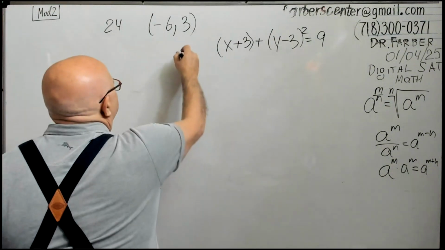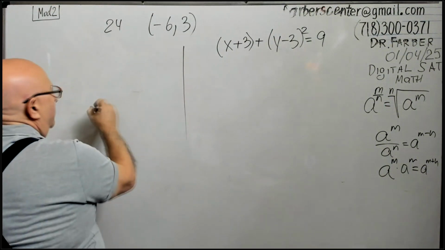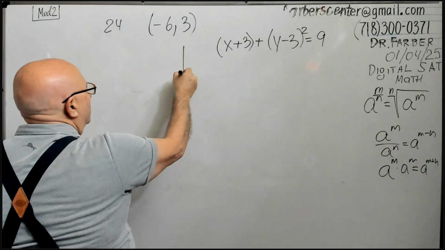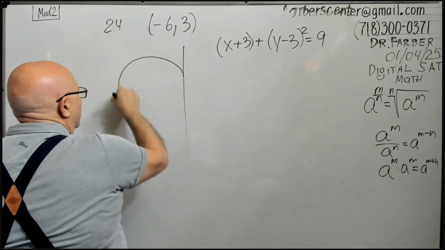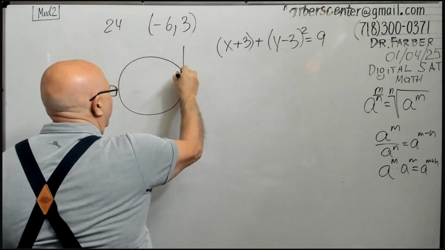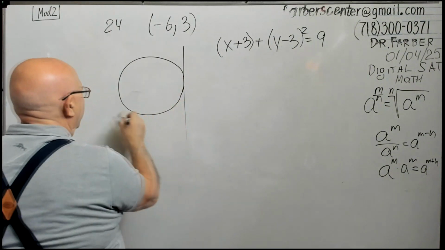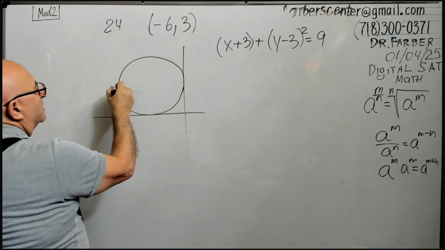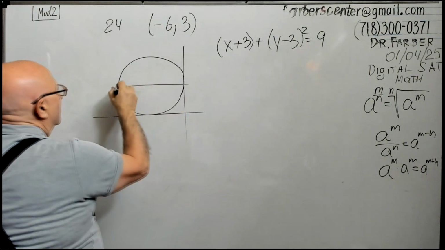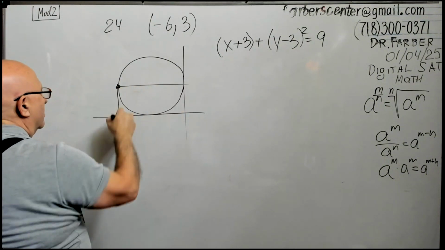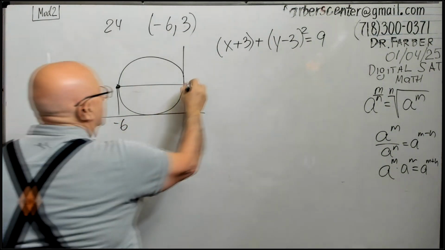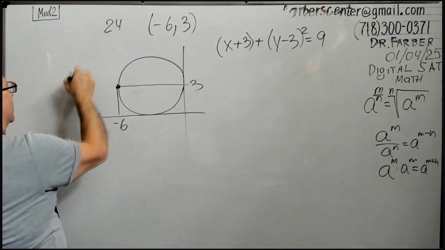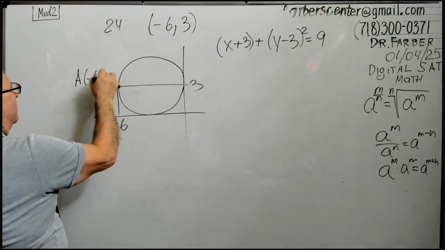So let me make this circle. And this is negative 6. And this is 3. And this is point A, (-6, 3).